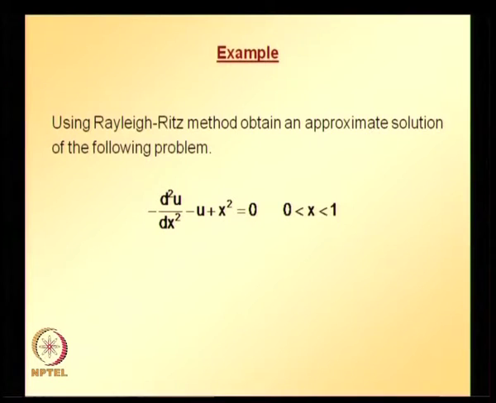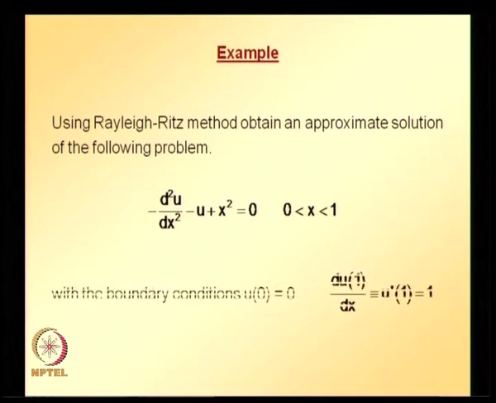Since this is a second order differential equation, we require two boundary conditions to solve it. The two boundary conditions given are u evaluated at x equal to 0 is 0, and the first derivative of u evaluated at x equal to 1 is 1.